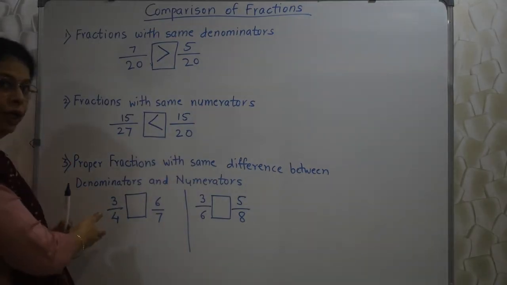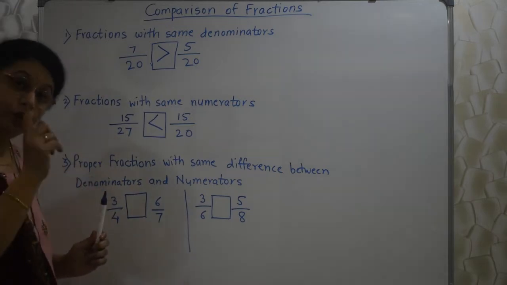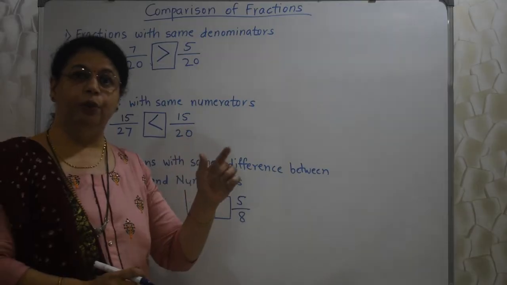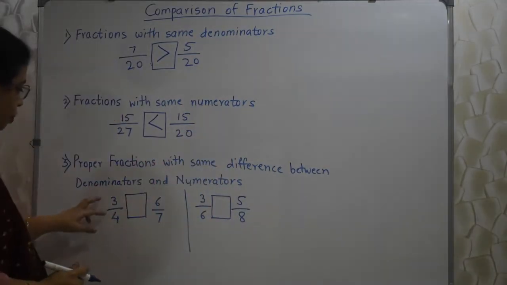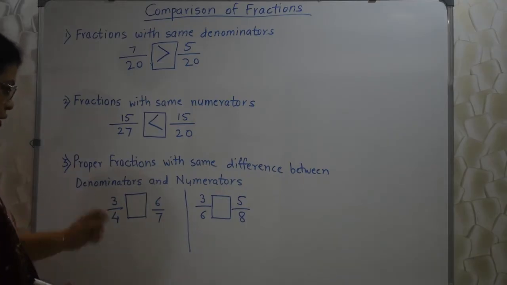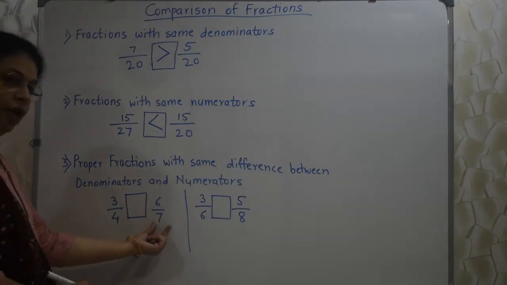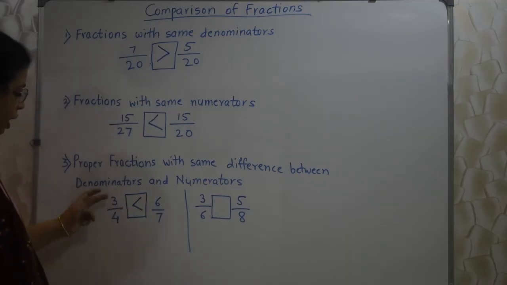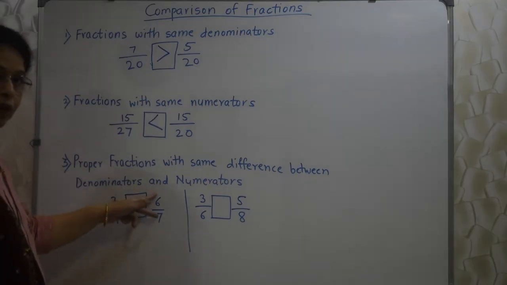Even though the numerator and denominator are not the same, it becomes very easy because the difference between the denominator and numerator is the same. So here the bigger numbers make the bigger fraction. Simple. 3 and 4 are smaller numbers, 6 and 7 are bigger numbers.